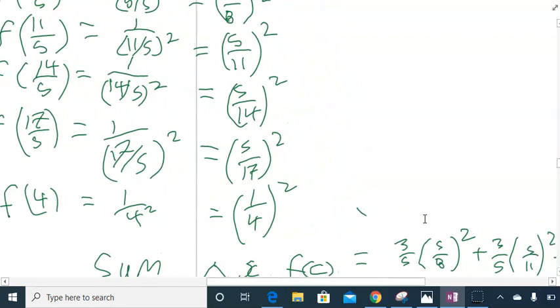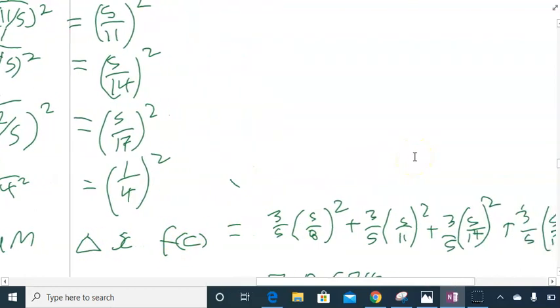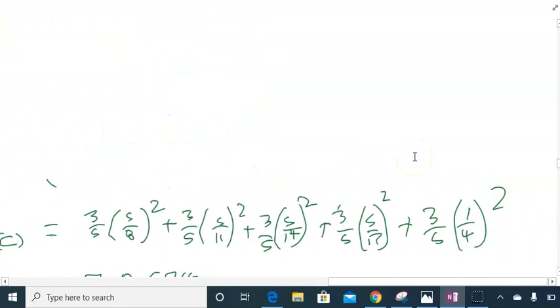And then we want to do delta x times f of c, which is the base times the height of each of these, and then sum them. Let's just do it in one step this time. That's going to be 3/5 times 5/8 squared plus 3/5 times 5/11 squared plus 3/5 times 5/14 squared plus 3/5 times 5/17 squared plus 3/5 times 1/4 squared.